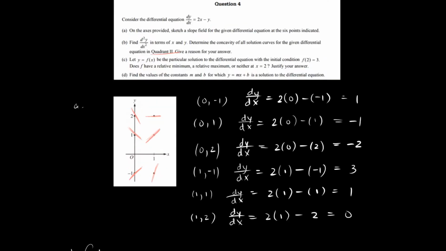Part C asks that y equals f of x be a particular solution to the differential equation with the initial condition f of 2 equals 3. Does f have a relative minimum, a relative maximum, or neither at x equals 2? Justify your answer.